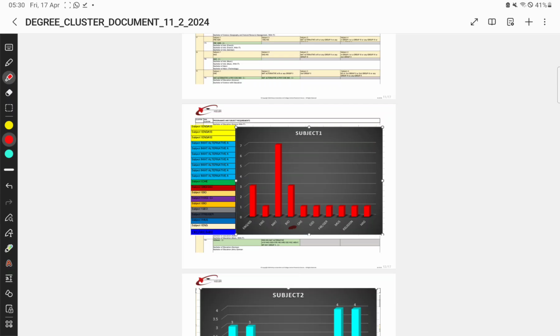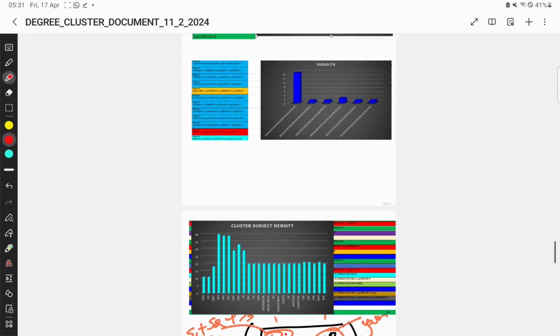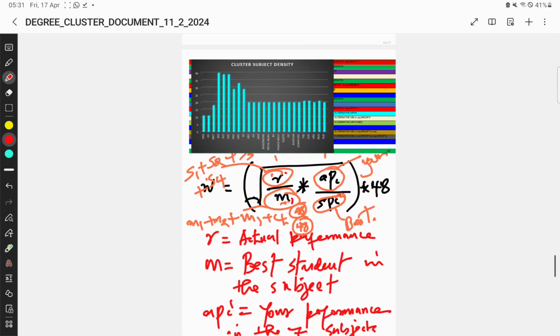Therefore, this is extremely dynamic. You need to understand that it is not rigid. It is dependent on the best student that particular year and how it relates to the overall performance. And that's why in this part here, while we focus on the individual subjects, at this particular point here, you must also look at the overall performance in the other subjects.